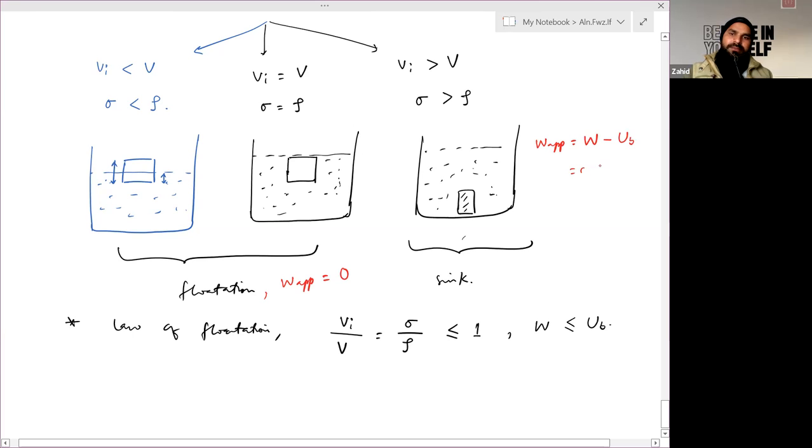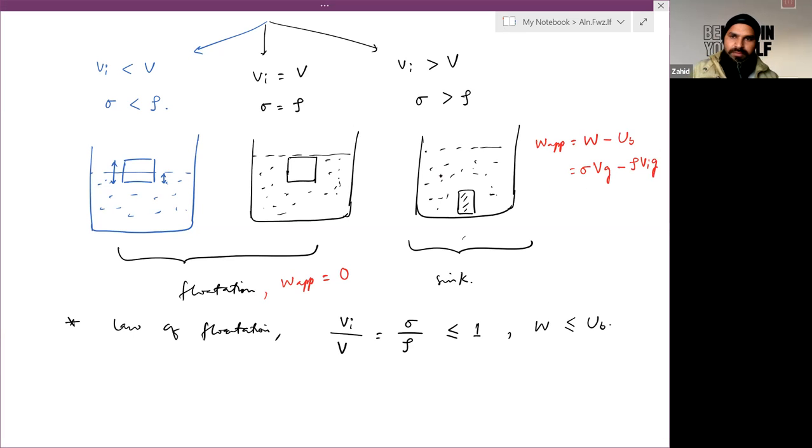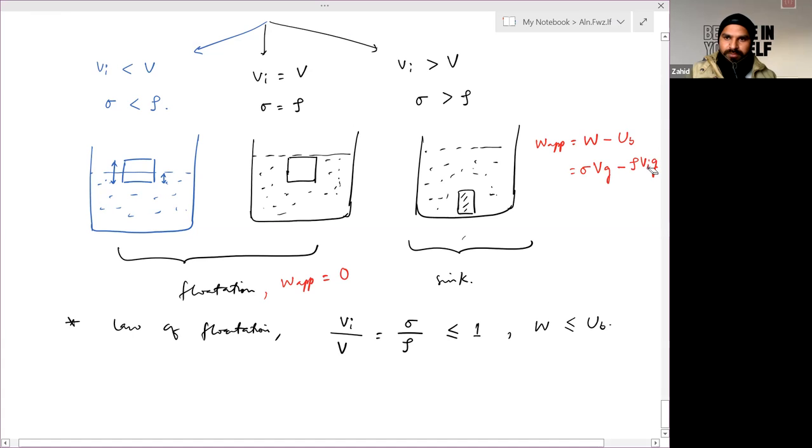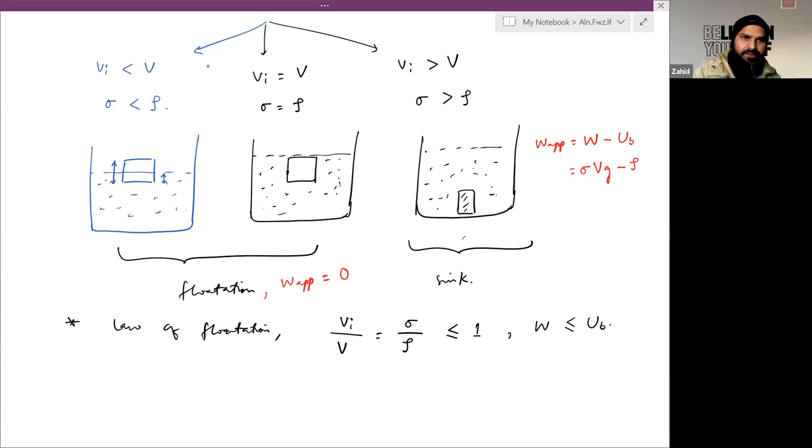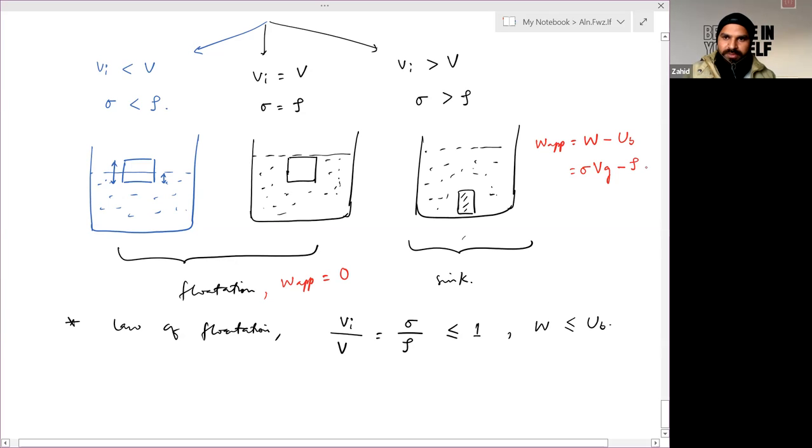Actual weight is sigma times volume times gravity. Buoyant force is the volume of object immersed times rho times gravity. If it is a case of sinking, then the volume immersed and the total volume of the object will be equal to each other. So just put the value of V immersed to be V, times gravity.